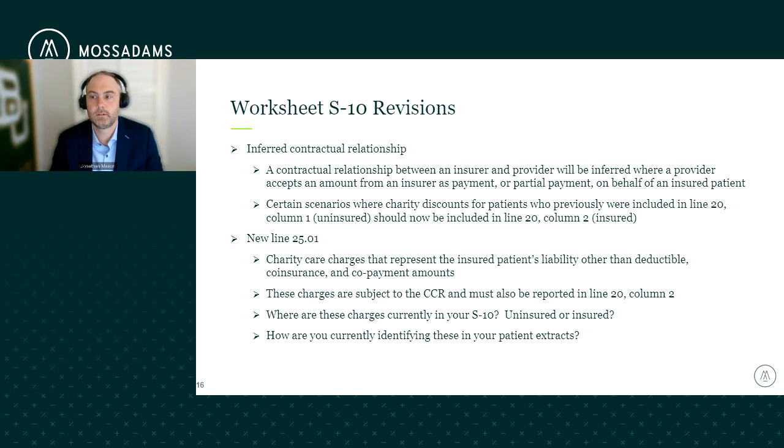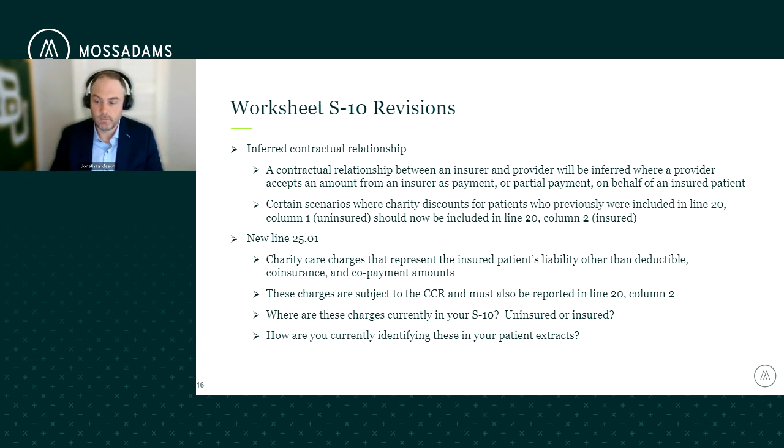The only reason to note that is there could be scenarios where charity discounts were before counted on worksheet S10 line 20 column 1, and now they could be in line 20 column 2. So just make sure you note that sometimes those inferred contractual payers, workman's comp, some auto insurance that maybe before were non-contracted, now there'll be this inferred contractual relationship.